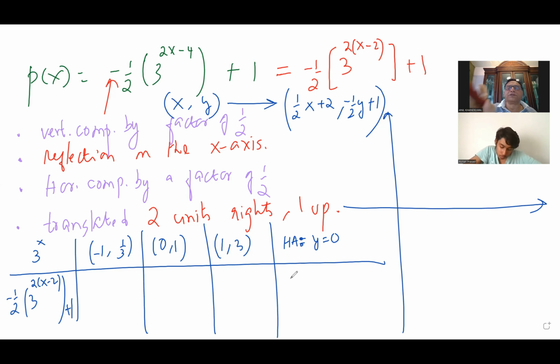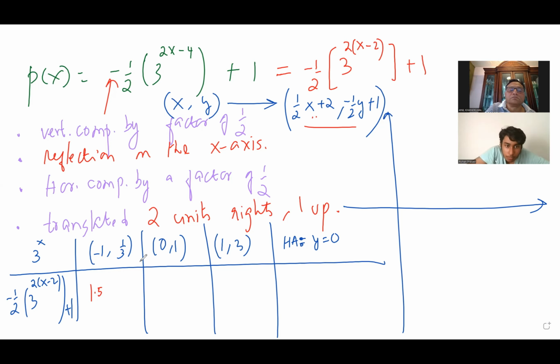Can you tell me the new points? Work it out. Just plug in minus 1. Half of minus 1 plus 2 would be 3 over 2.